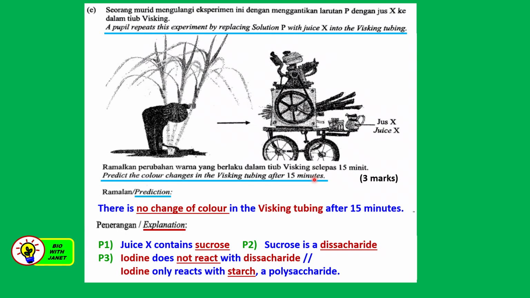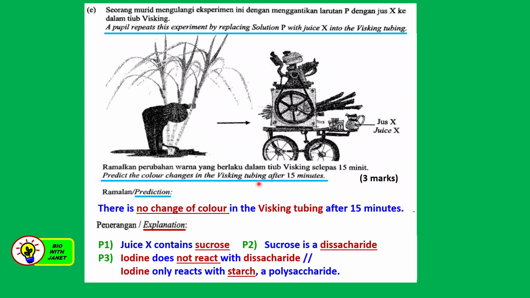So what is in the juice X? Basically, juice X contains the disaccharide called sucrose. Sugar cane contains sucrose. Now, can the sucrose diffuse out of the Visking tubing? It cannot. Can the iodine diffuse into the Visking tubing? Yes. But can the iodine react with the sucrose?